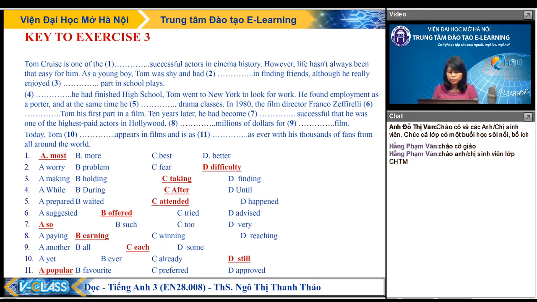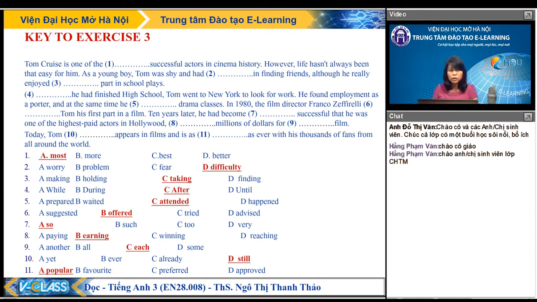What about number 2? Tom was shy and had in finding friends. So had here is a verb, so after that must be a noun. So the missing word must be a noun. Look at the suggested answers here. Worry, problem, fear, and difficulty, they are all nouns.